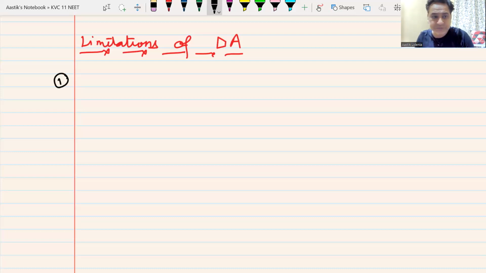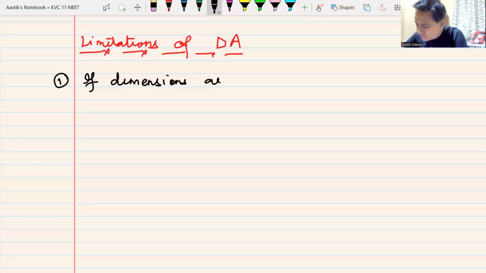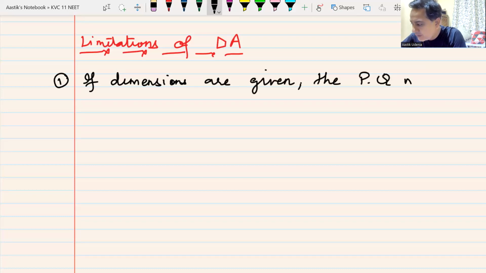The first limitation is, if dimensions are given, the physical quantity, PQ, may not be unique.